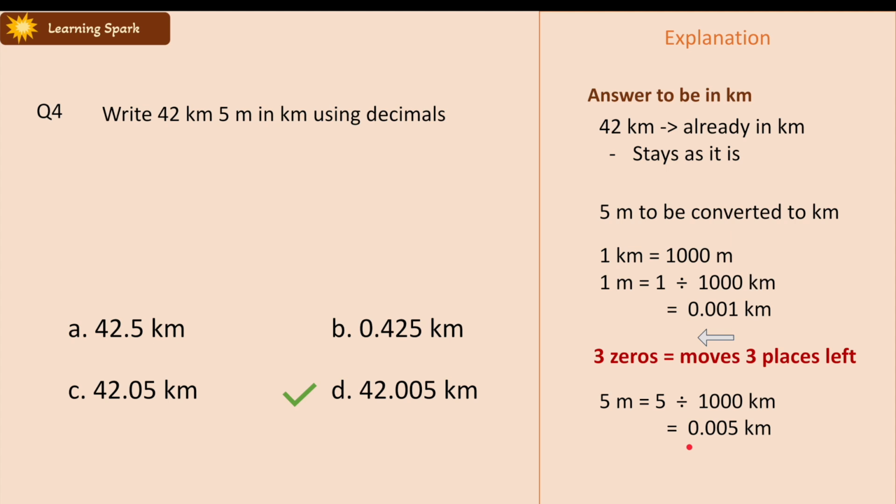Now we have 42 kilometer as the first part, and the second part, which was in meter, is now converted into 0.005 kilometer. So both are in kilometer. You can add these two now, and it becomes 42.005 kilometer, and that's our answer.